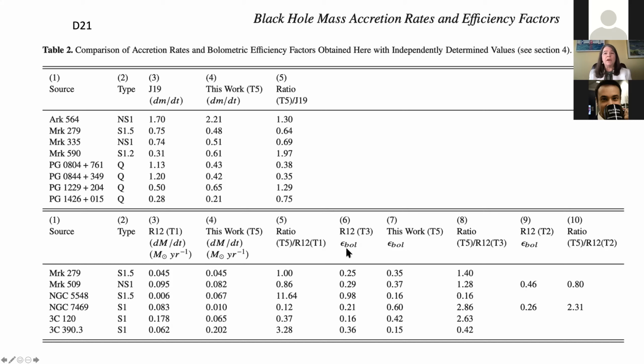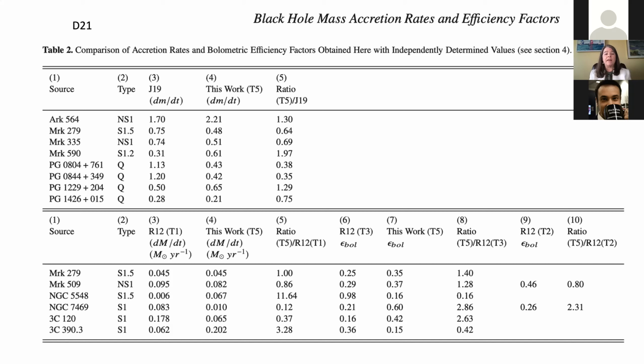Raimundo et al. calculated the bolometric efficiency factor and the mass accretion rate, and they got the efficiency factor using 2 different methods for some sources. They look at a specific accretion disk model, and they do not account for the outflow at all. In other words, these methods are completely independent.